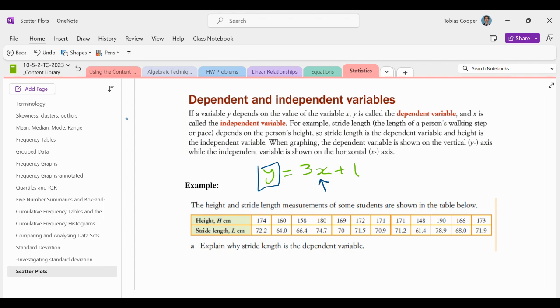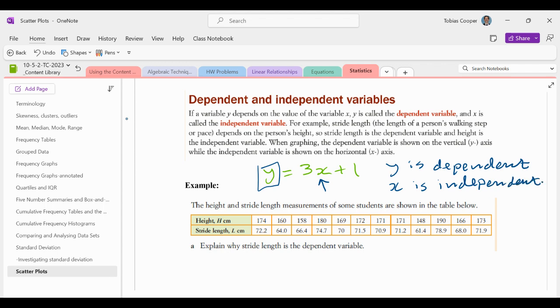So because the y values depend on what we substitute for the x values, we say that y depends on x. Okay, so y will be the dependent variable. Y is dependent. So you can think of it as if the pronumeral is by itself out the front, then it's dependent. The x, well, we choose what value we want to put in for the x. So x is independent. It doesn't depend on y.